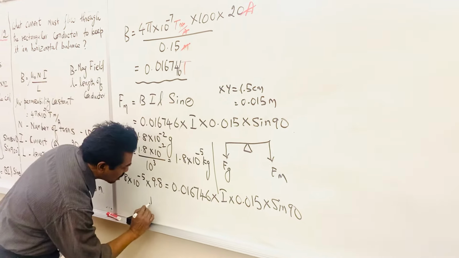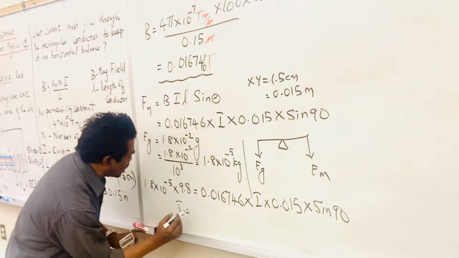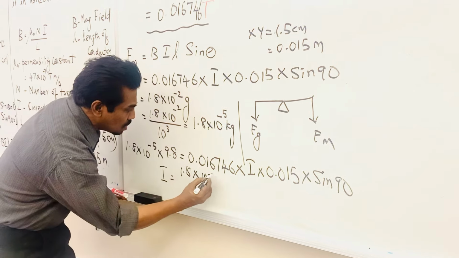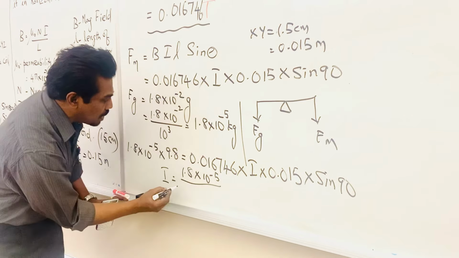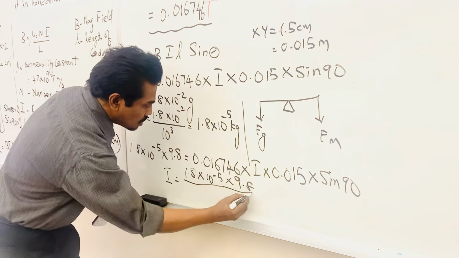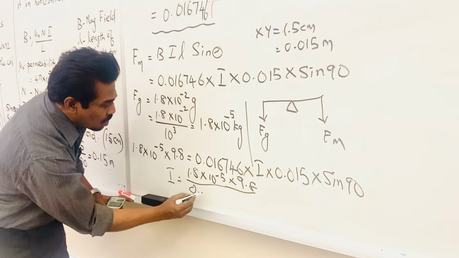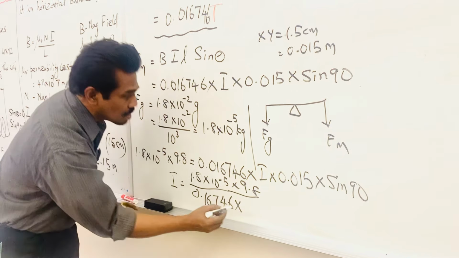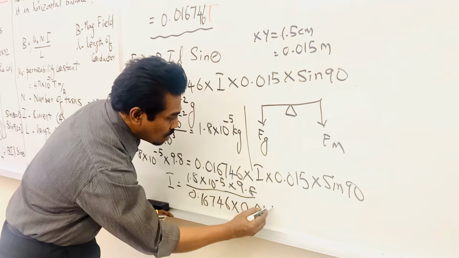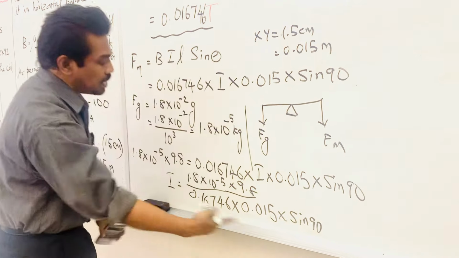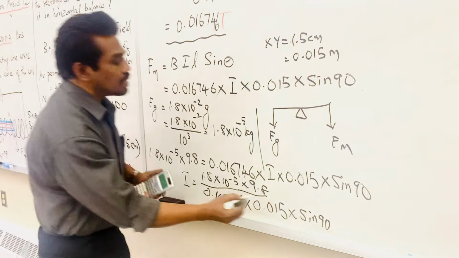Now we have to calculate the value of I. The current will be equal to 1.8 times 10 to the power negative 5 times 9.8 over 0.016746 times 0.015 times sine 90. Sine 90 is 1, we all know that. Let us see the value.